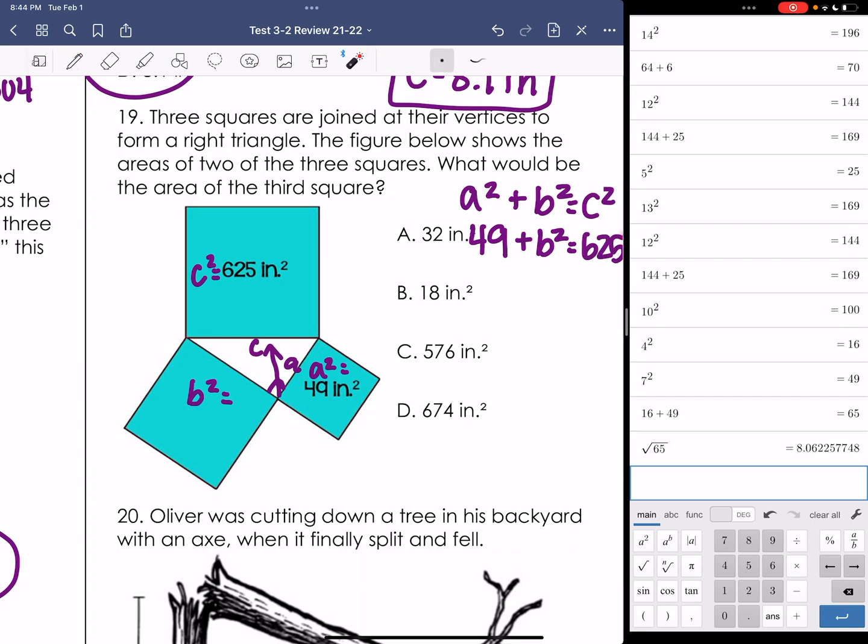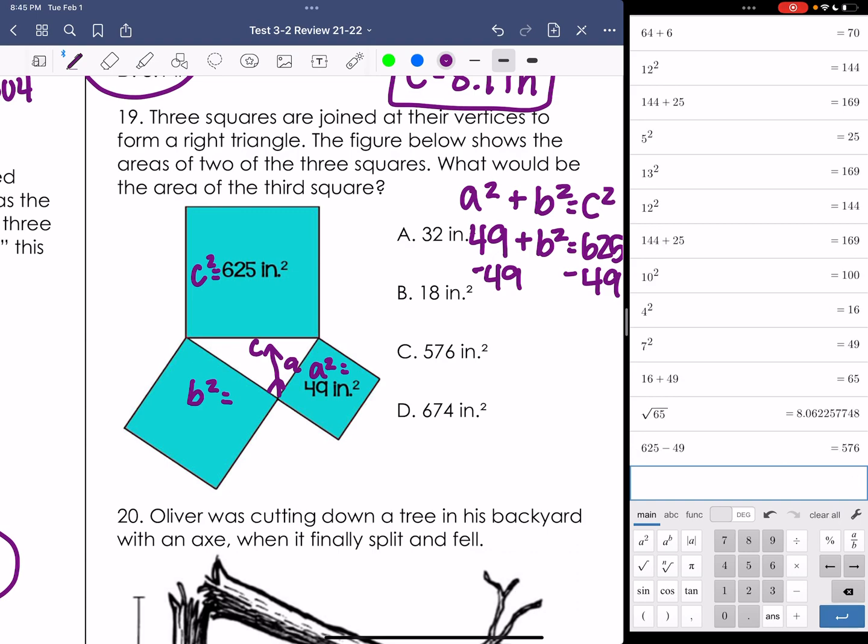Again, I don't have to square this because whatever side length I have here has been squared. Since I have numbers on opposite sides, I would subtract 49 from both sides. When we subtract 625 minus 49, we get 576. So here, B squared equals 576. So here your answer is C.